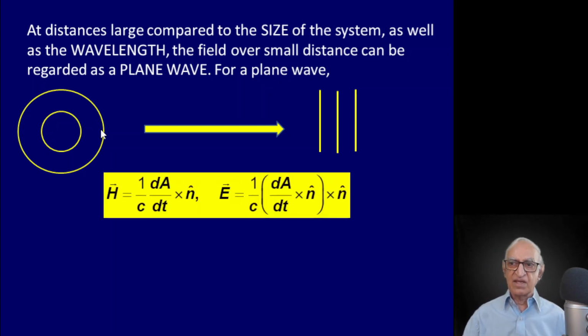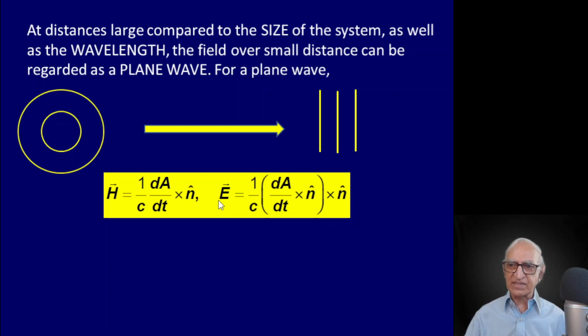Now, if you look in books like Griffiths or Jackson or Landau and Lifshitz, if you are more advanced in your preparation, then you will find expressions as follows. The magnetic field is 1 over c times dA by dt cross the unit vector n, which I showed in the previous slide.